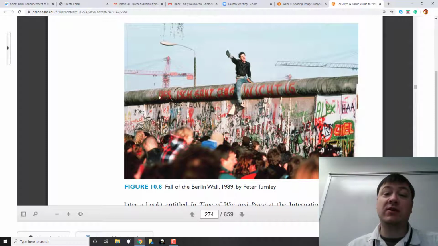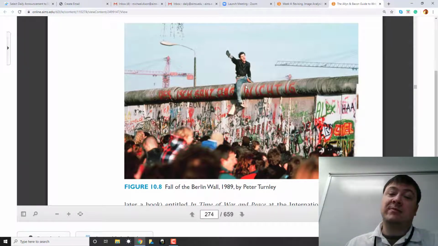They talk about the color on the wall and what's behind the wall up here in the shot, the cranes. They talk a lot about this young person sitting on top of the wall and how he represents the American ideal of democracy, because on the other side is communism, and riding the wall like a cowboy, that kind of thing.